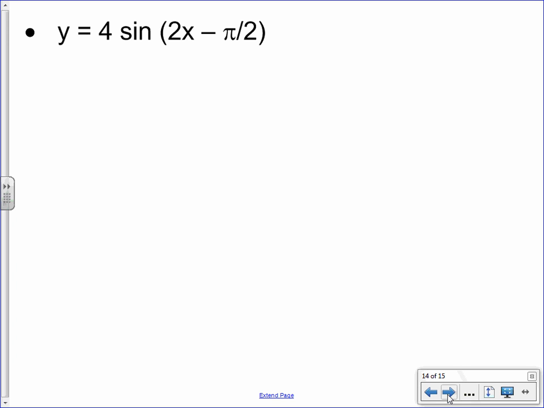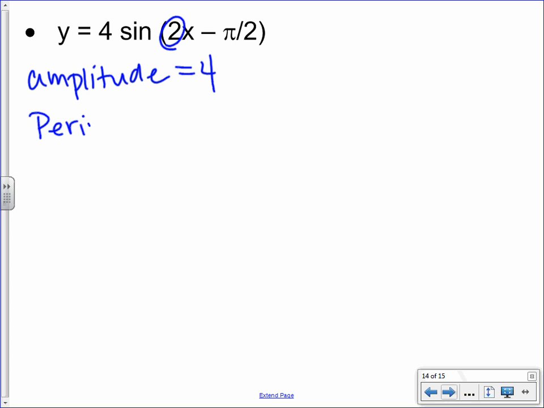Here's our second and final example for this video. Since A is 4, our amplitude is 4. B is 2, so our period is 2 pi divided by 2, which is pi.